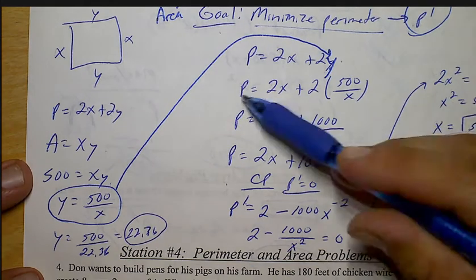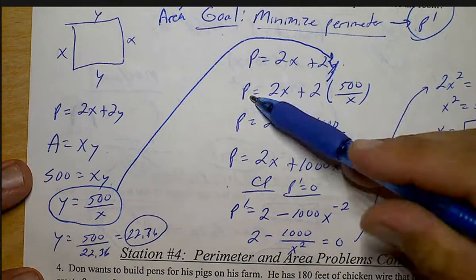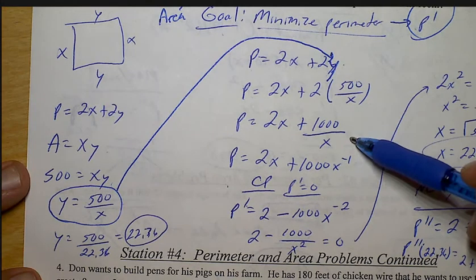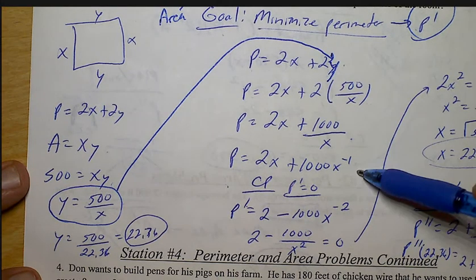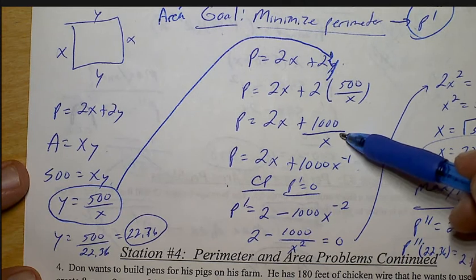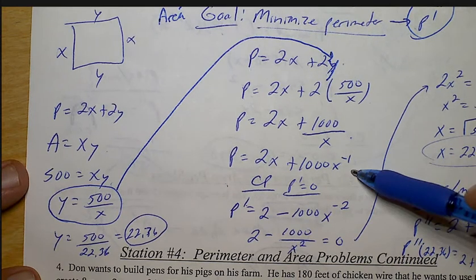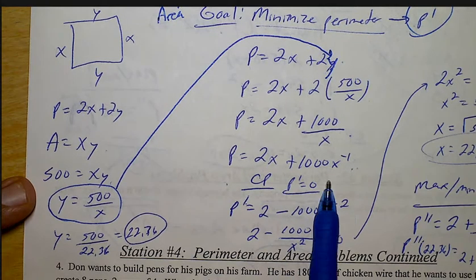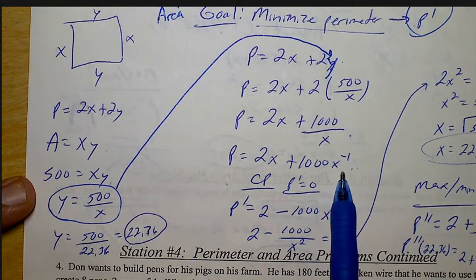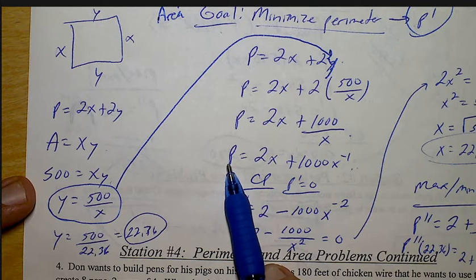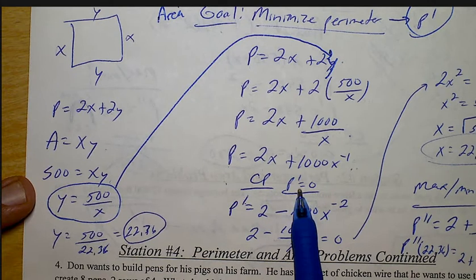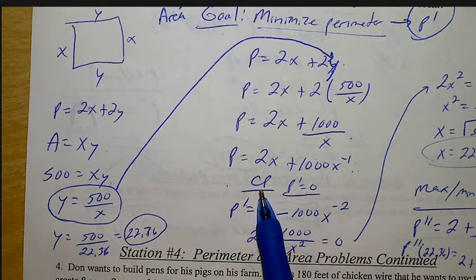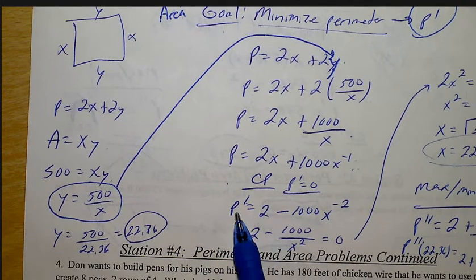So P equals 2x plus 1,000 x to the negative first. So now it's find the max and mins of the perimeter function. I'm going to take the derivative and set it equal to 0, because my max and mins occur at the critical points. So P prime is 2 minus 1,000 x to the negative 2.